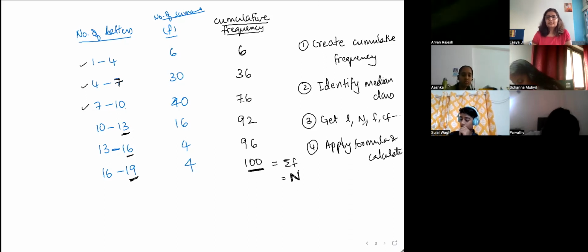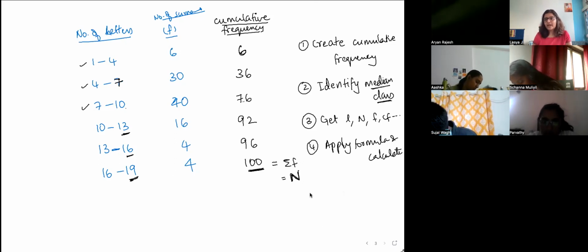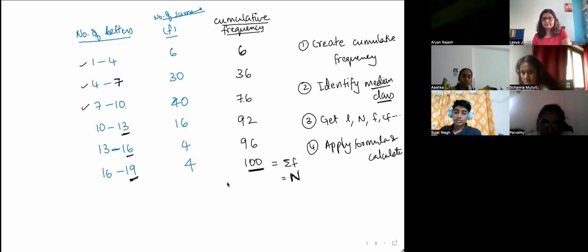Okay. So next step is how to figure out the median class. See, normally when you're trying to figure out median, it is the central value, right? So here, when you have 100 pieces of data, which is distributed in these classes, which is the centermost value in this 100?